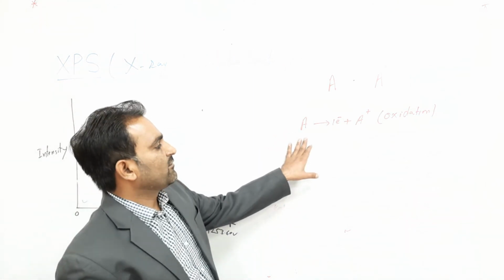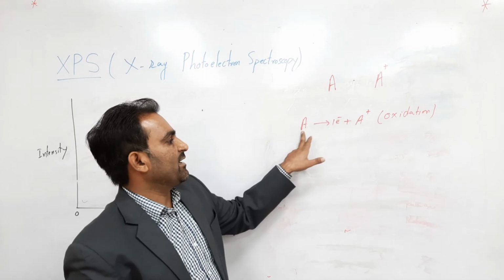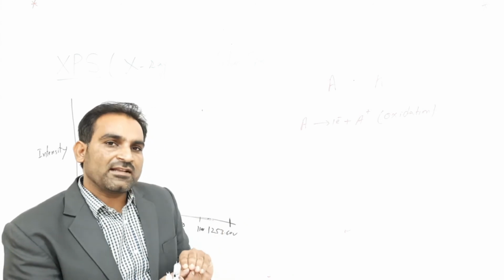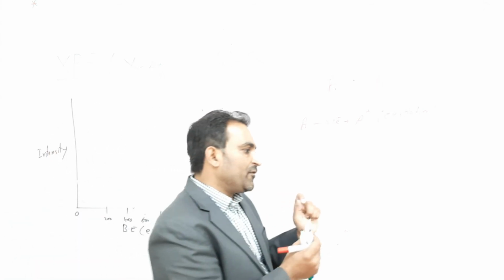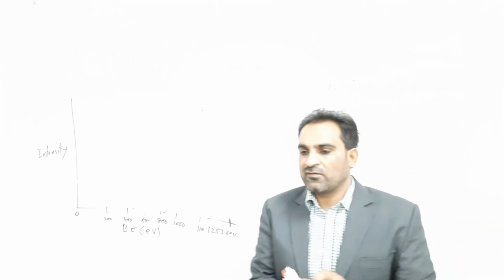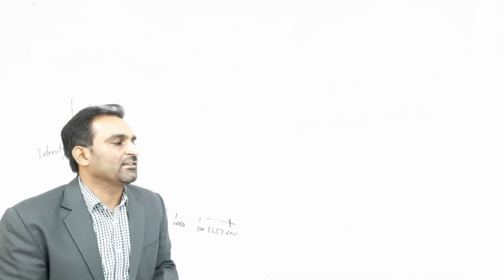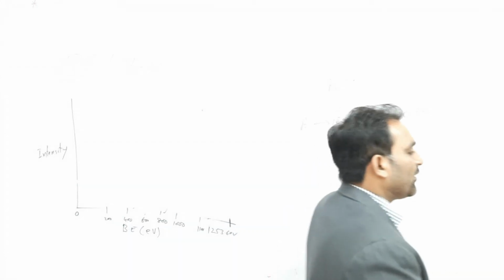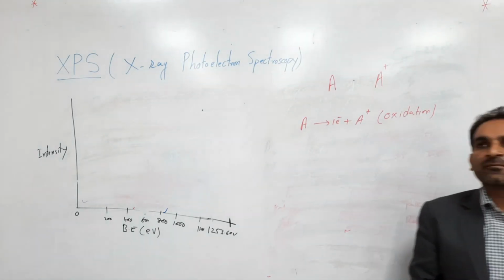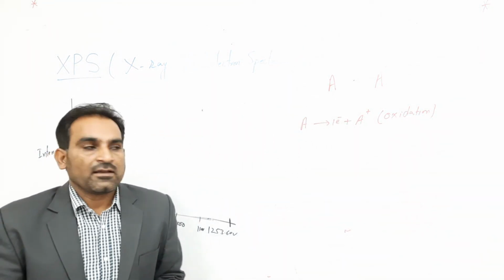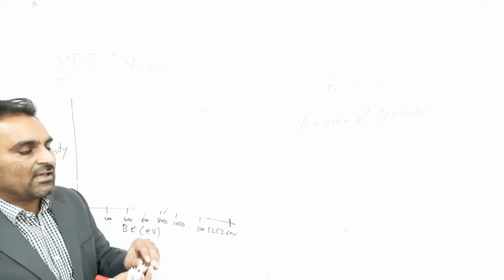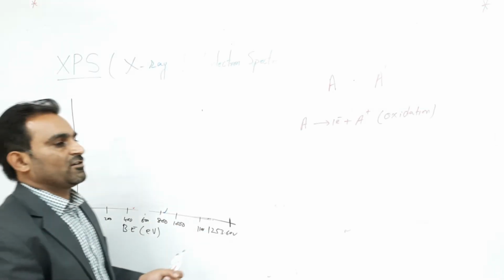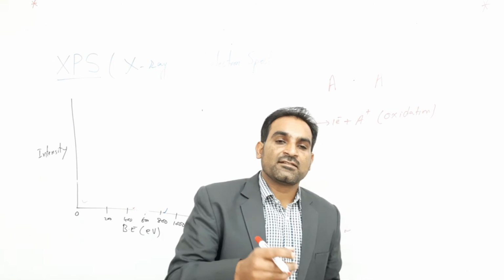For which state do you have higher binding energy? If the distance between the electron and nucleus increases, then the binding energy will be lower, meaning the ionization energy will be lower. If the distance decreases, then the grip of the nucleus upon the electron is higher, it is difficult to remove that electron, and the binding energy of that electron will be higher.